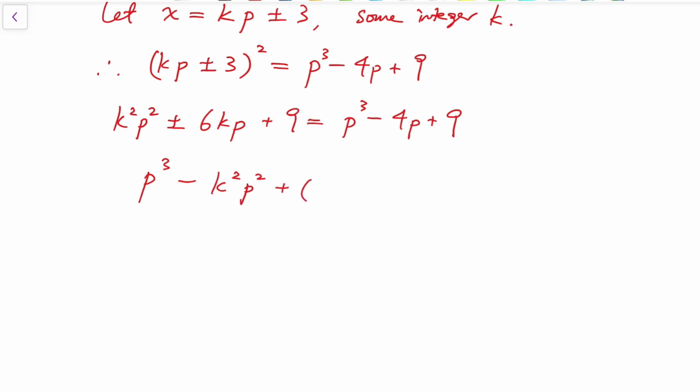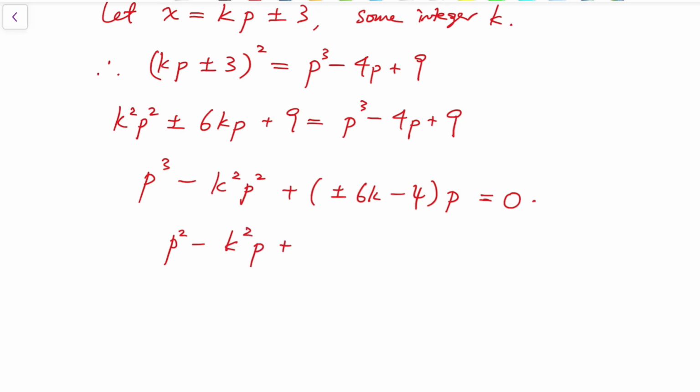So p cubed minus k squared p squared plus or minus 6k minus 4 times p equals 0.